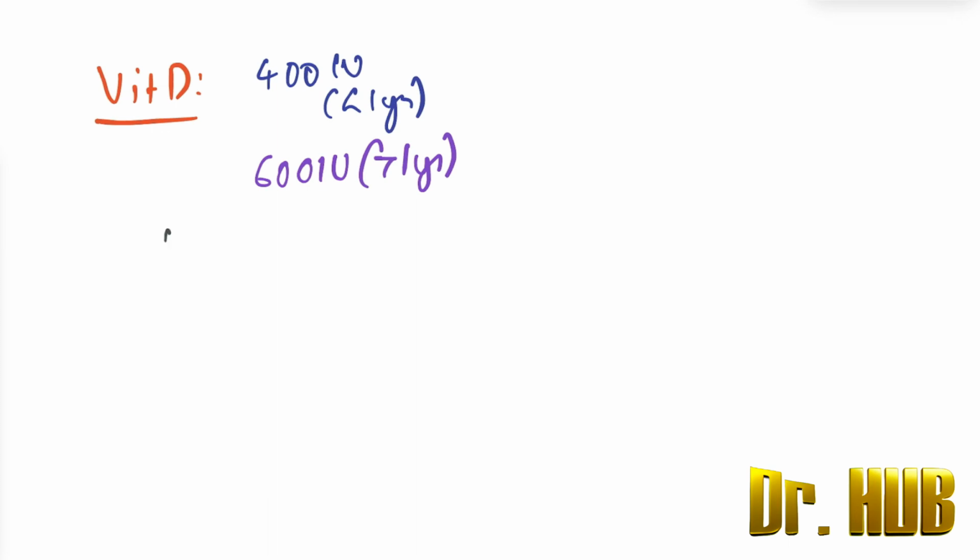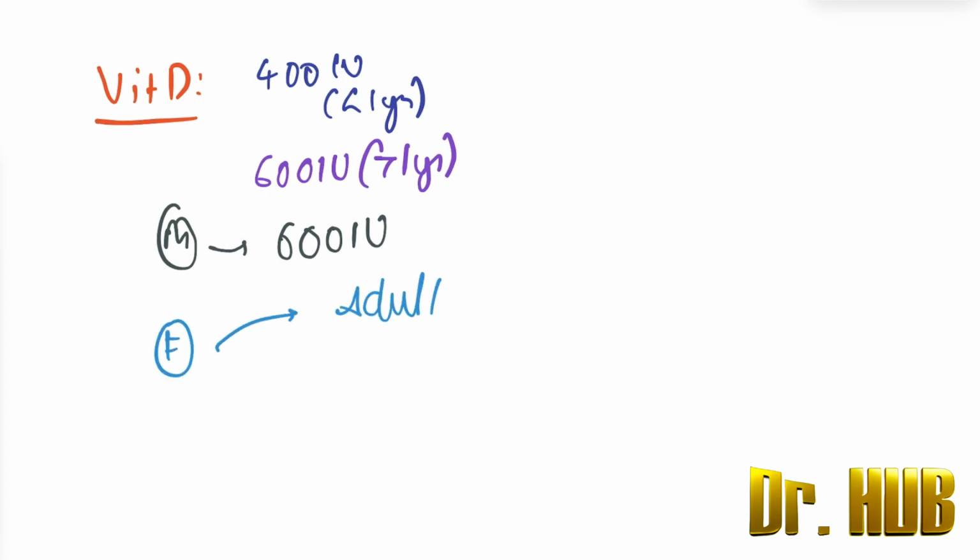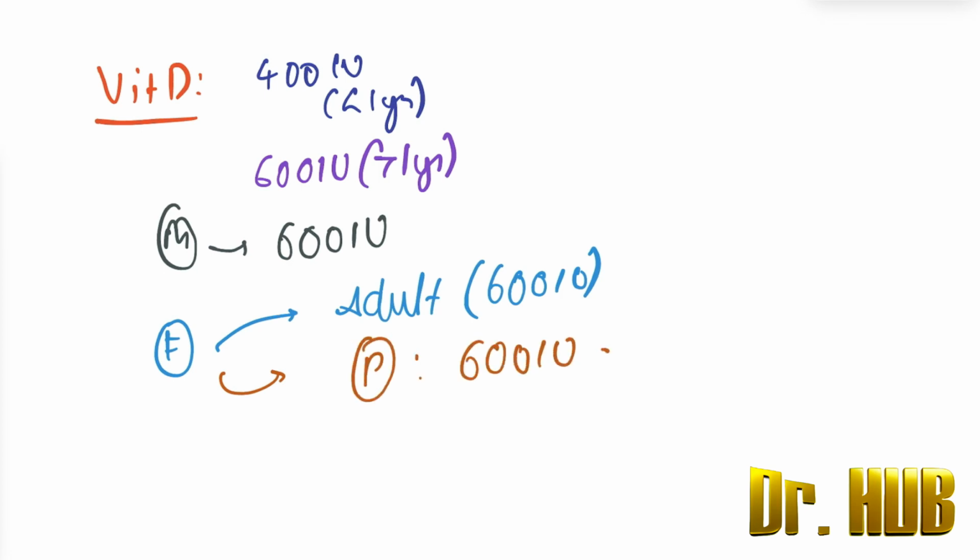In males, it's 600 IU. In adult females, it is 600 IU, in pregnancy 600 IU, and in lactation 600 IU. So everywhere it is 600.